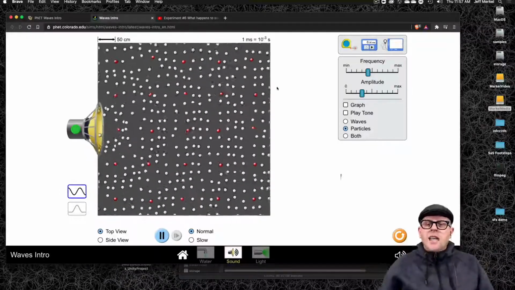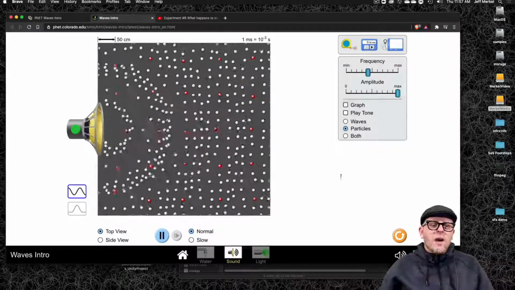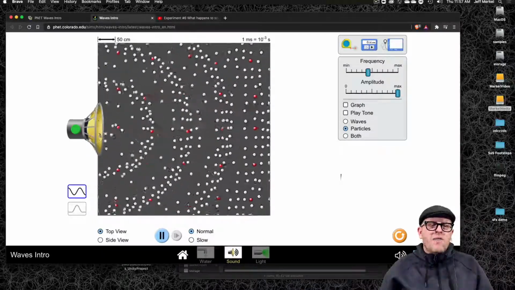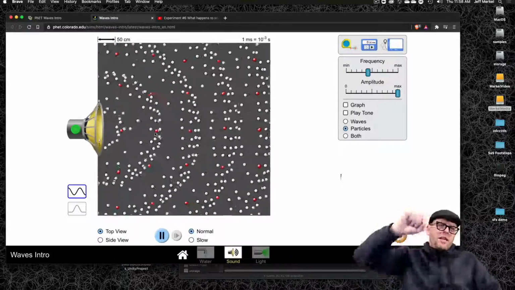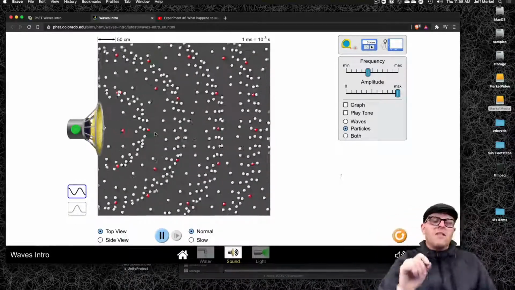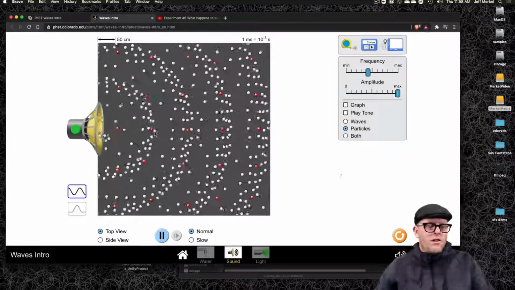But if I go really loud, in other words, if I crank up the amplitude, we watch the same one right here. It's moving back and forth much farther, really far in the air. In the real world it's tiny, but in this visualization it's moving back and forth, back and forth.